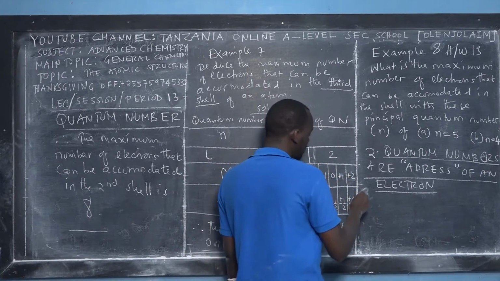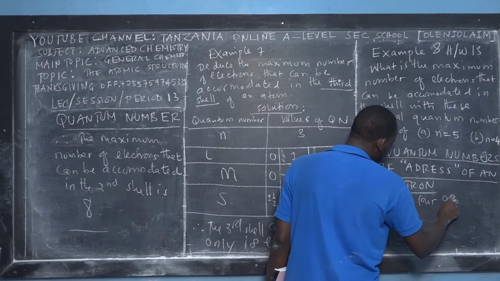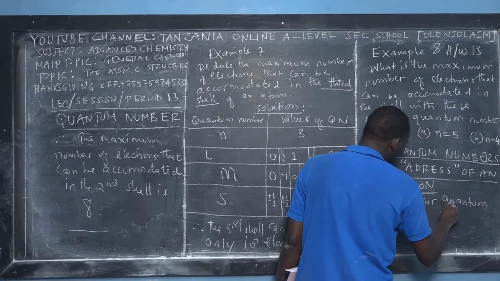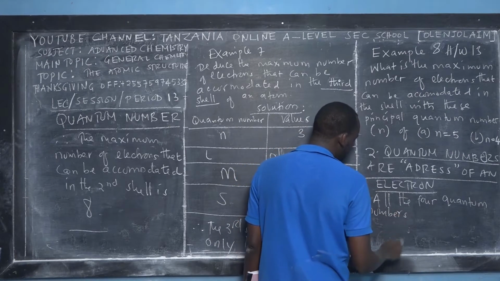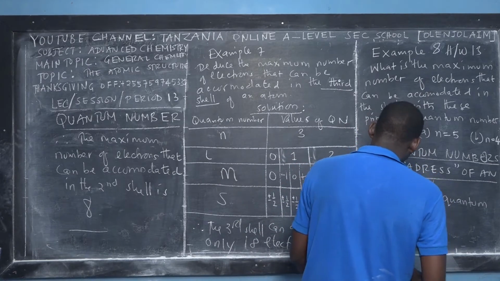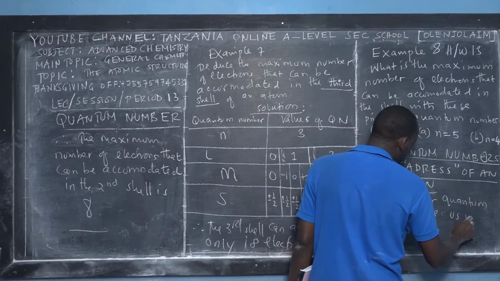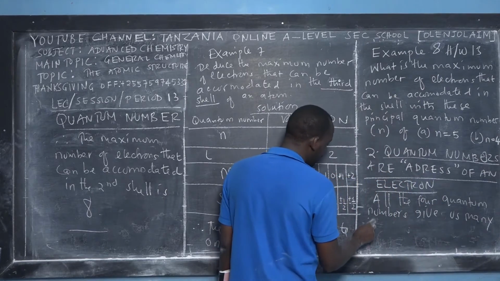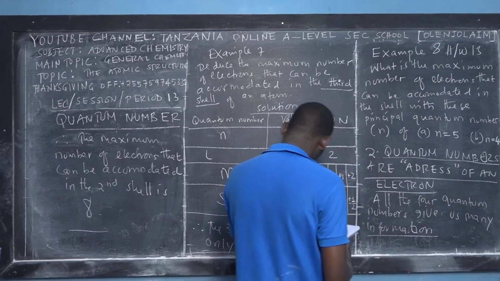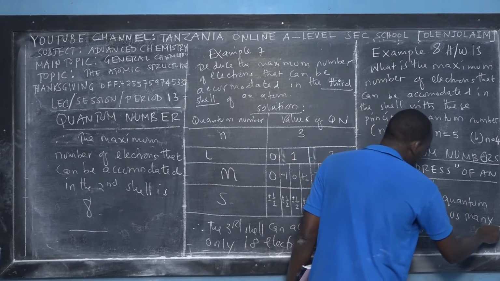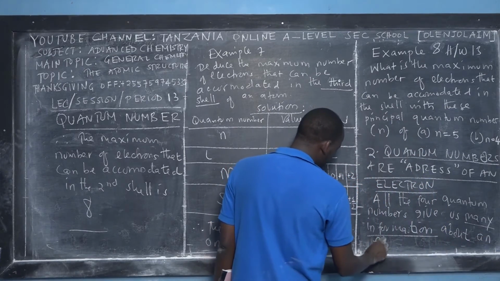So you say that all the four quantum numbers give us many information about an electron.